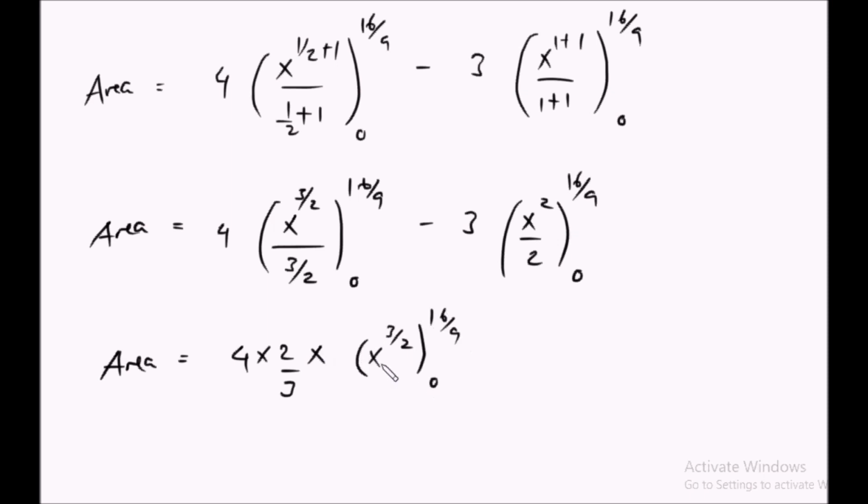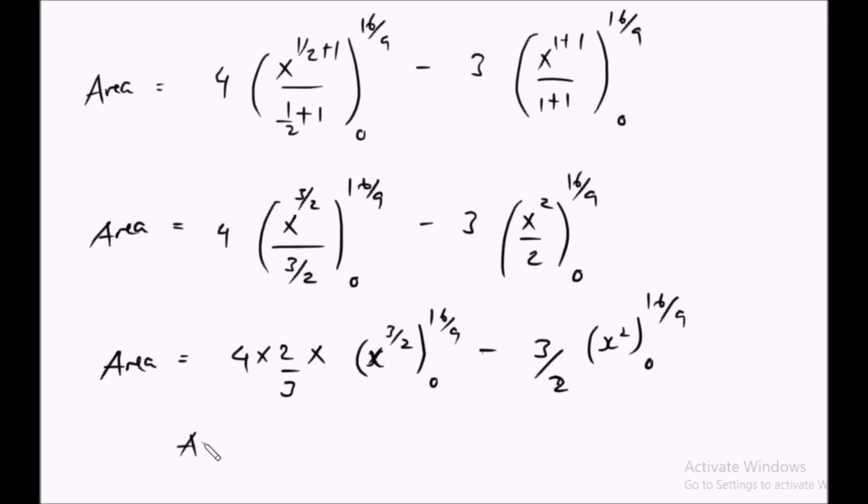Let me not confuse this. And then minus, this 2 is also constant, I can take it out, and I remain with 3/2. So we have x squared from 0 to 16/9.